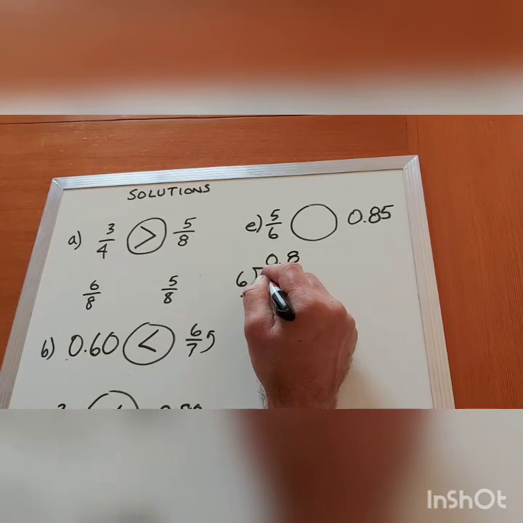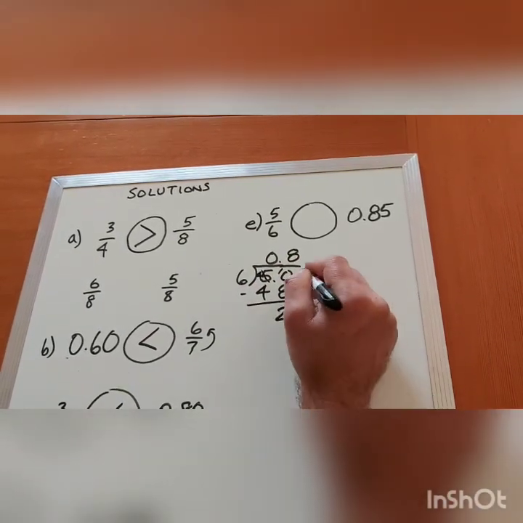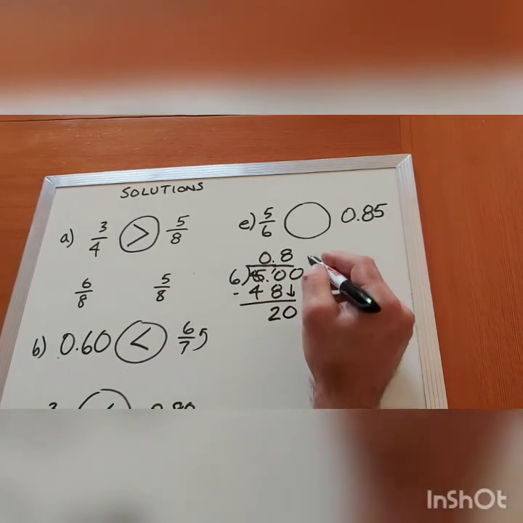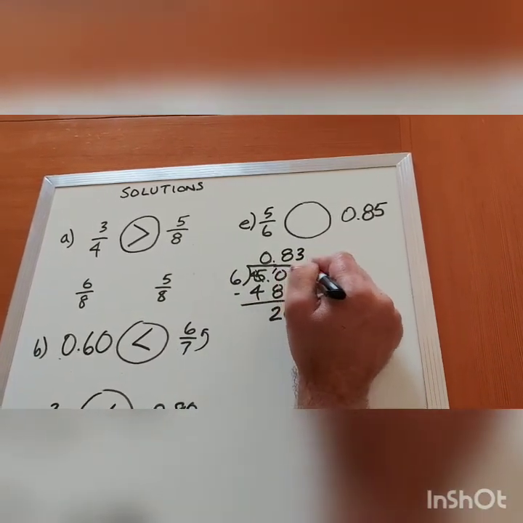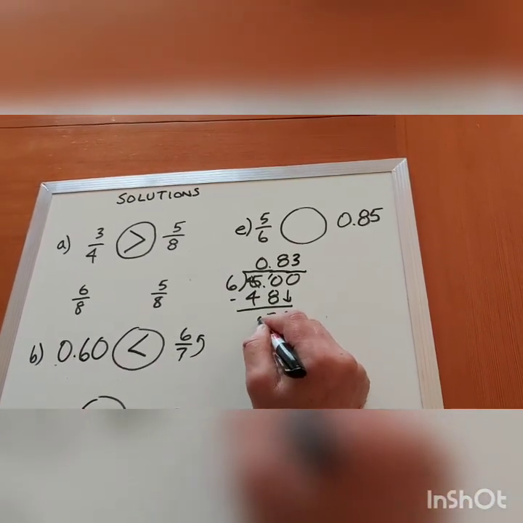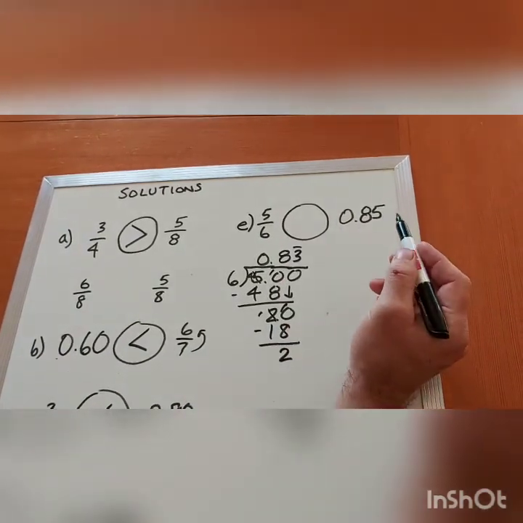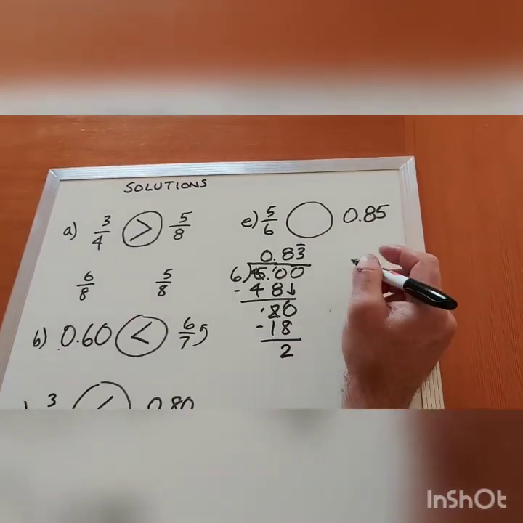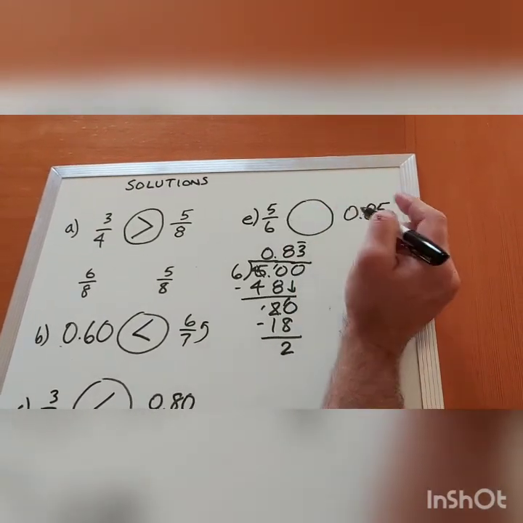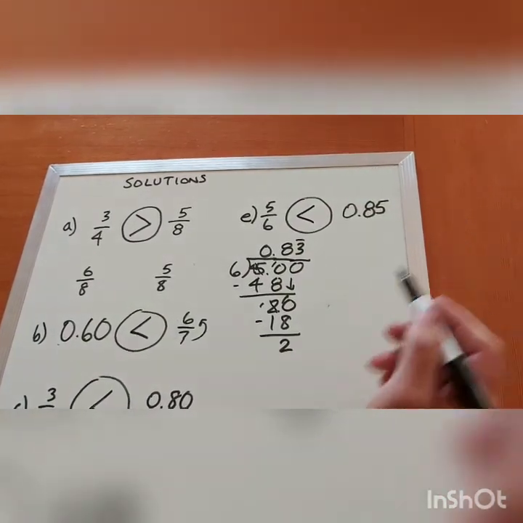We subtract, we regroup. 10 minus 8 is 2. Let's bring another 0 down. 6 into 20 goes 3 times. 3 times 6 is 18. We're going to get a repeating pattern here where the 3 will continue. So I'll just keep getting 20s. So it's close in this case, but decimal 0.83 is smaller than, it's less than 0.85.